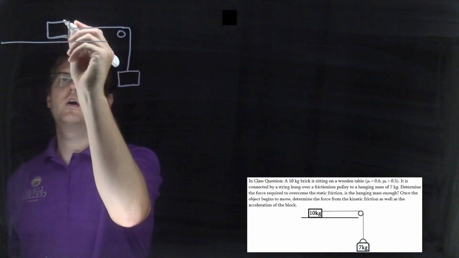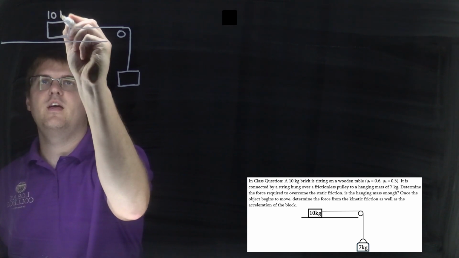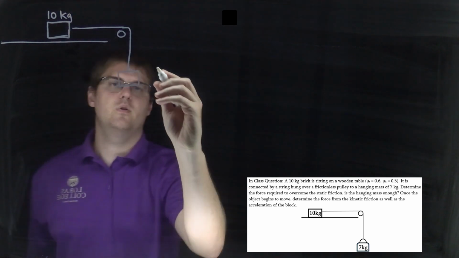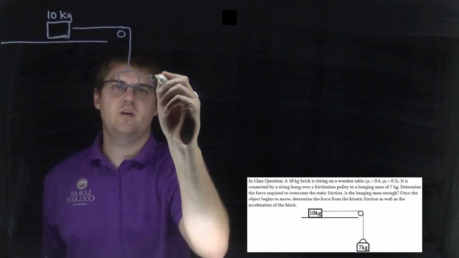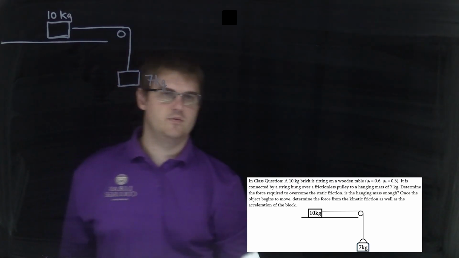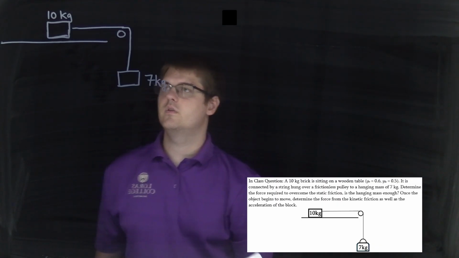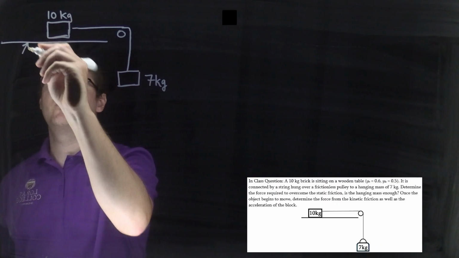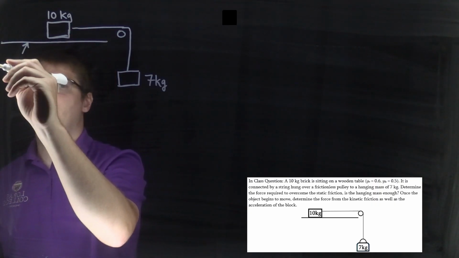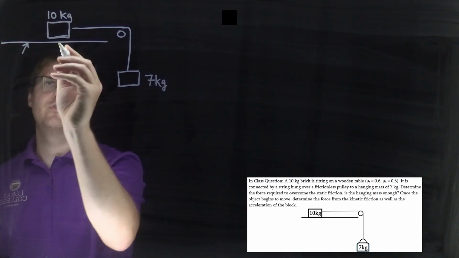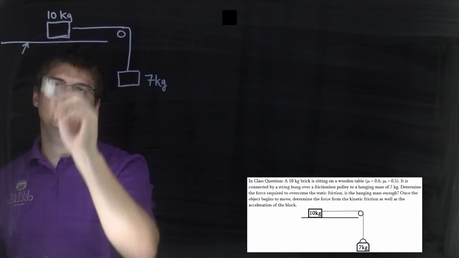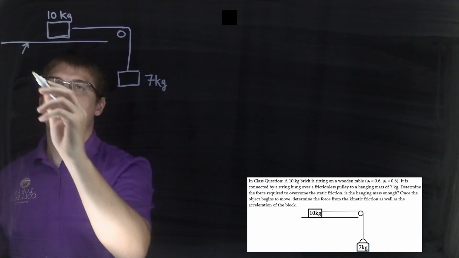We know that this block right here has a mass of 10 kilograms, and we know that this block right here has a mass of 7 kilograms. And we want to know a few things. The other thing we know before I get to that is I have my coefficients of friction for the surface between the block and the ground.